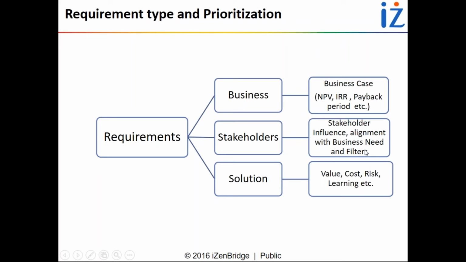Whatever criteria you are using at this level, you can use stakeholder judgment, you may analyze different data, and on the basis of that, you prioritize your stakeholder requirements. Ultimately, those requirements need to be aligned with your business requirements.